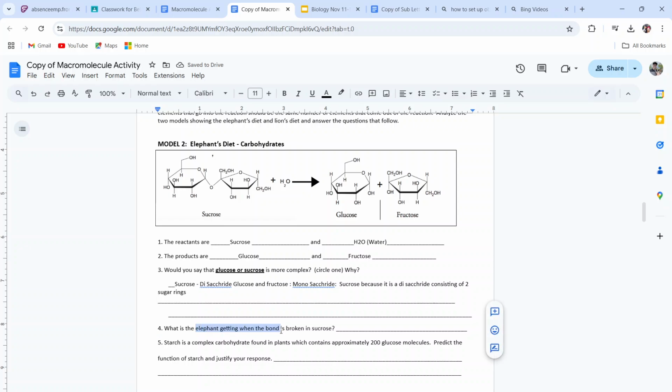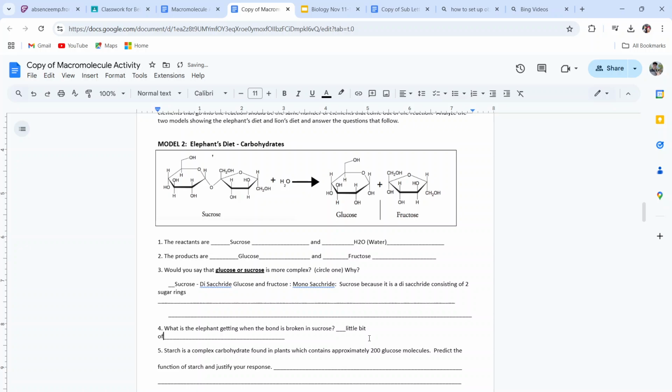Now, when we see with this elephant, when this bond is broken, you do get a little bit of energy. Not a lot, just a little. But the main thing I want you to get from this reaction is that you get glucose and fructose. These are your products. So after it has digested that sugar, it's getting glucose and fructose.